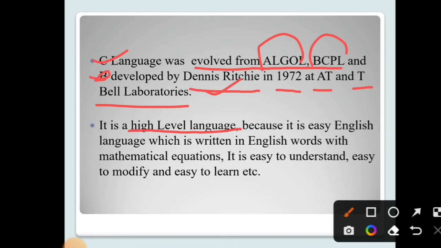That's why we use translators, those are the compiler and interpreter. C is a high level language because it is written in easy English words with mathematical equations, and it is easy to understand, easy to modify and easy to learn. So these are the features of C.